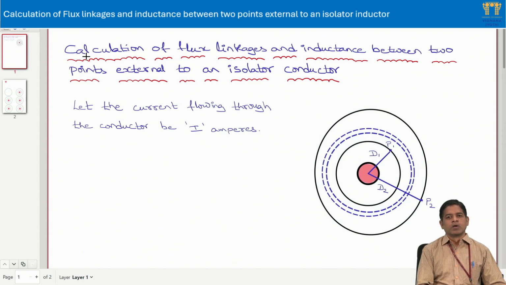So let this differential width be some dx.